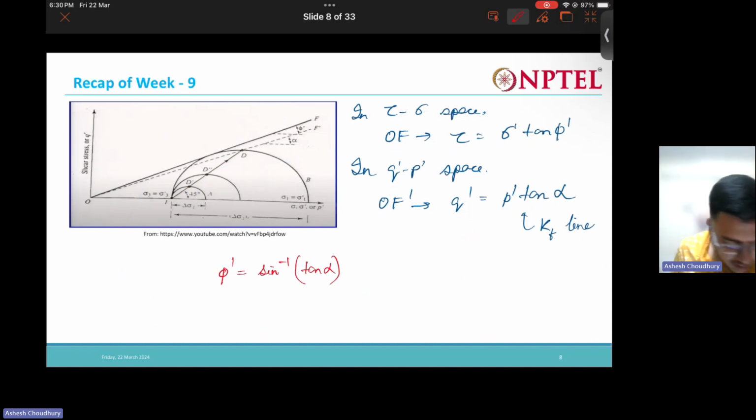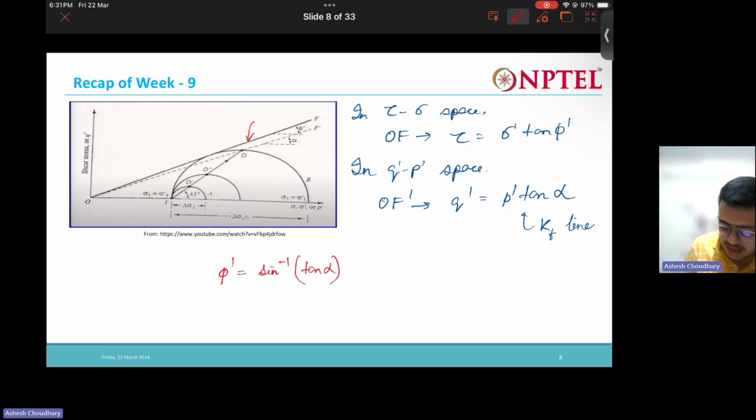As I was saying, if we relate this alpha to this angle phi, from alpha we can get phi, or vice versa. In the tau sigma space, OF, that is the Mohr Coulomb failure envelope, we can write tau is equal to sigma prime into tan phi prime, and in the q prime p prime space, OF prime can be written as q prime is equal to p prime tan alpha prime.